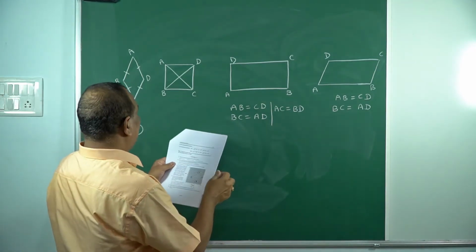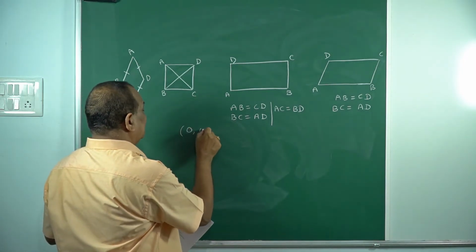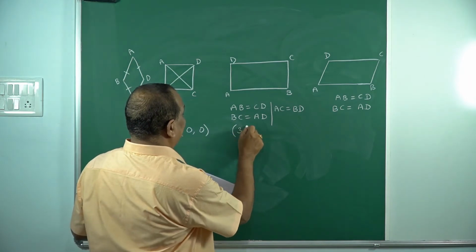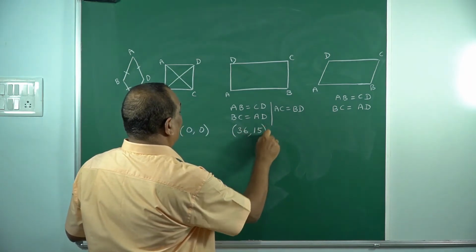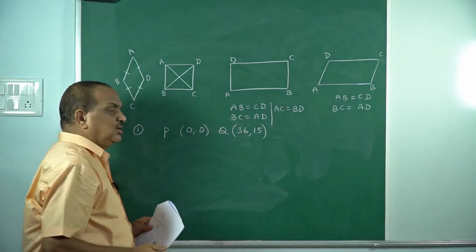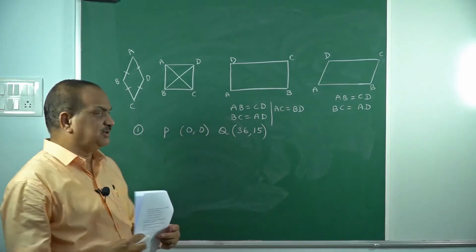He has given that there are 2 points, 0, 0 and another point 36, 15. Let us say this point is P and this point is Q. You need to determine the distance between P and Q. This is a very simple proposition.